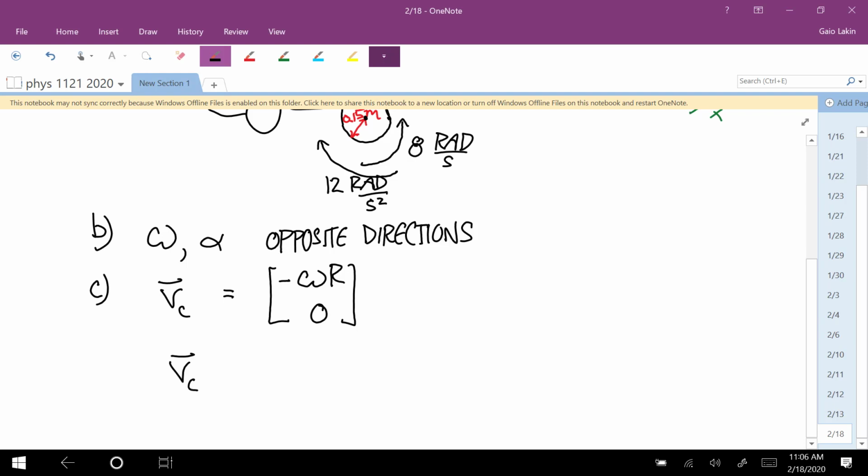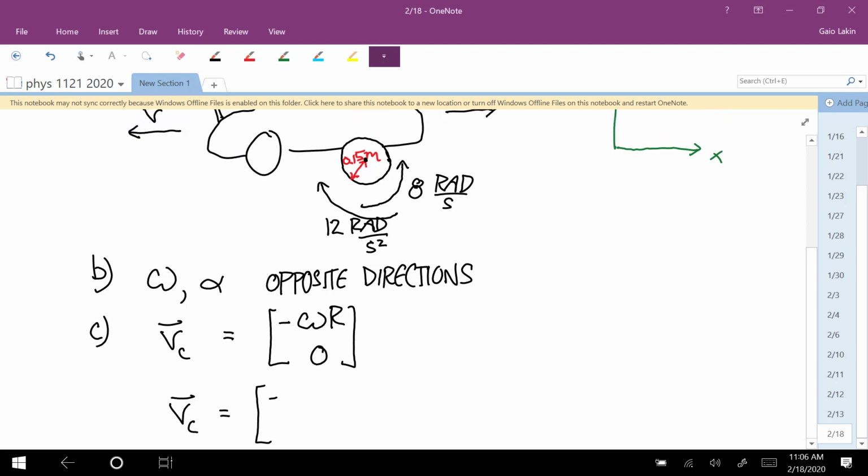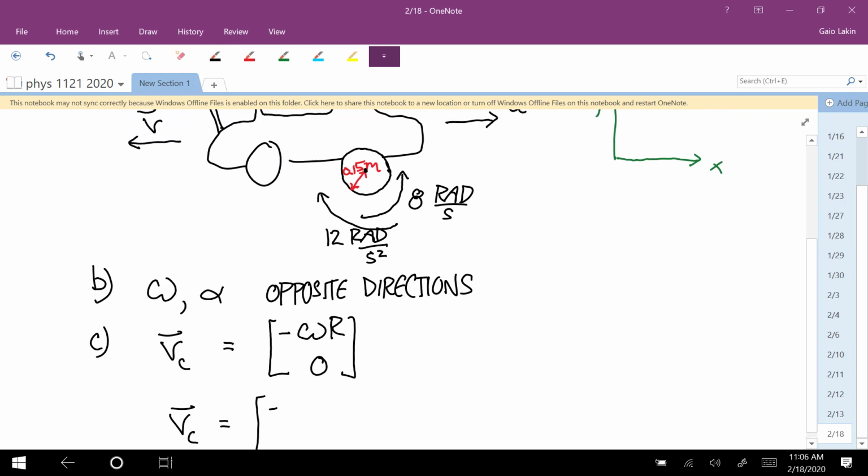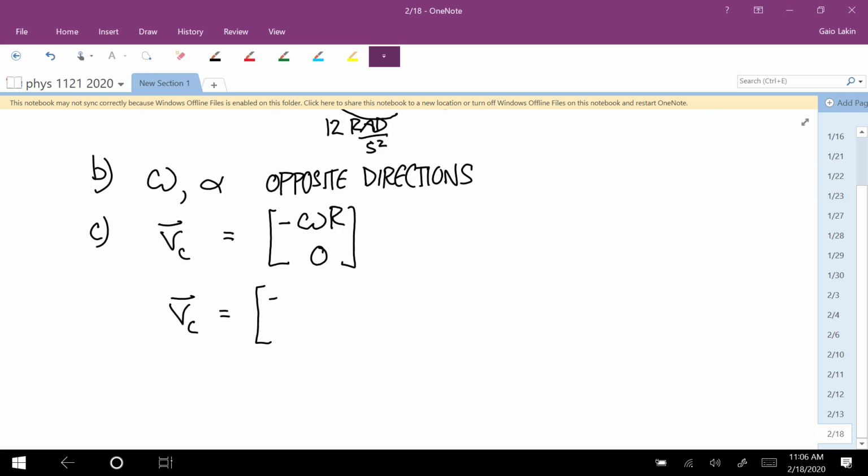And so we have negative. Is omega positive or negative 8? Positive because it's counterclockwise. And r is 0.15 meters. And then 0 in the y direction.